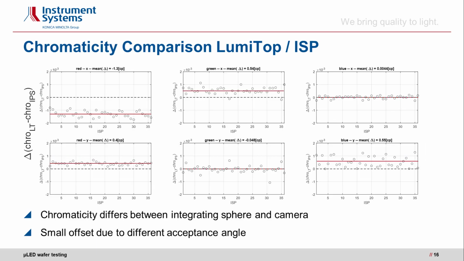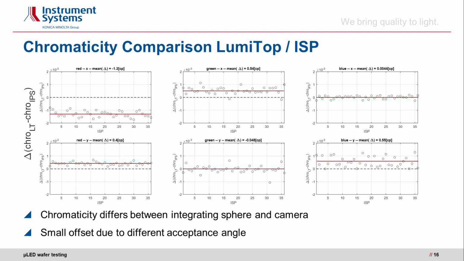We have done the same measurement for color: chromaticity measured with the Lumitop versus chromaticity measured with the integrating sphere. Here you have to look especially at the red lines, which show that there is a significant offset for most colors and for most color coordinates, from the zero line we would have if both systems came up with exactly the same chromaticity values.